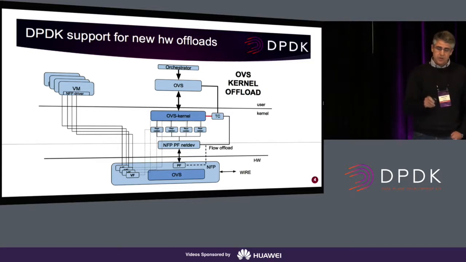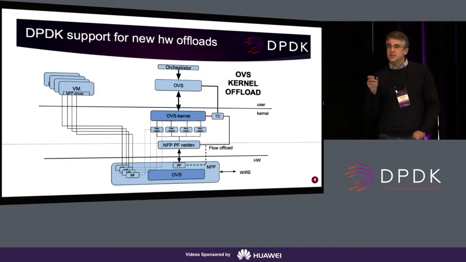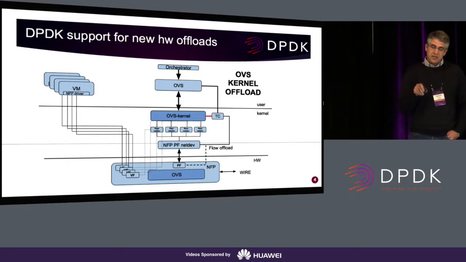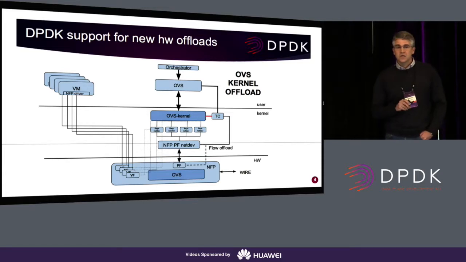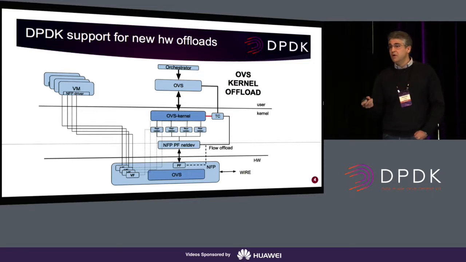And the other interesting point to discuss is TC, the Linux traffic control component that is being used for the flow offload. Okay. So the flow offload can go to the OVS, but through the TC flow offload that has been added to the kernel recently, that allows it to be transparent. So if the driver for that netdev has support for flow offloads, the flow can be inserted there.